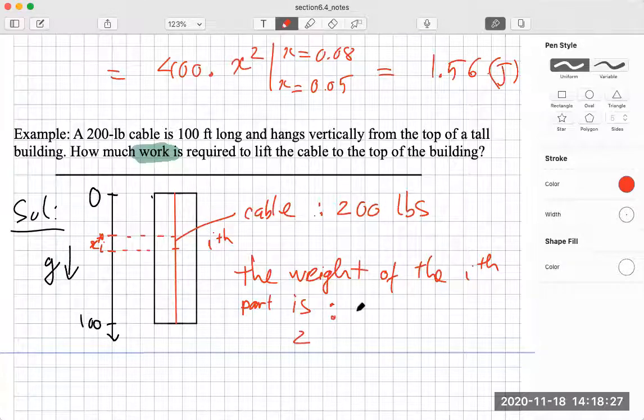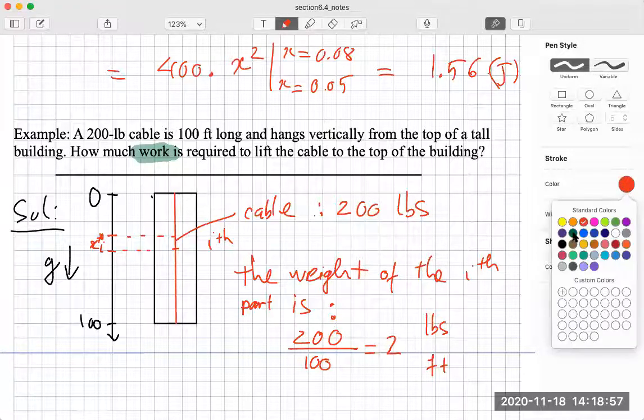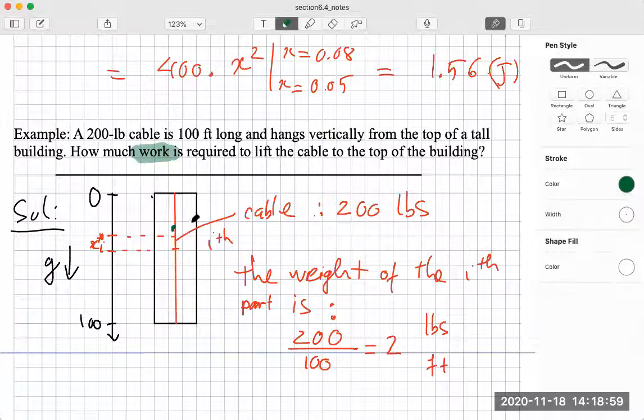It will be 200 divided by 100 feet, which is 2, right? That is a point on this cable.